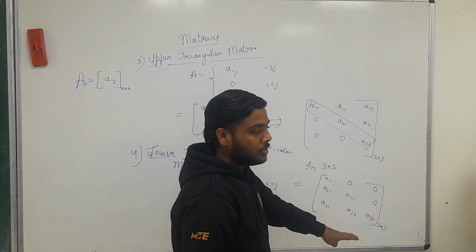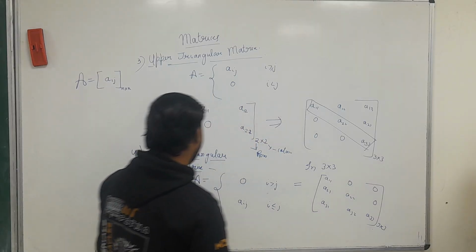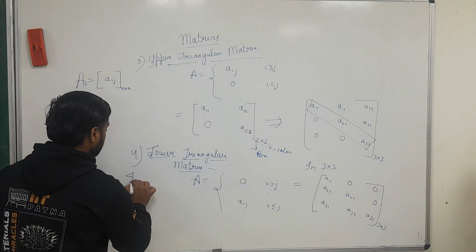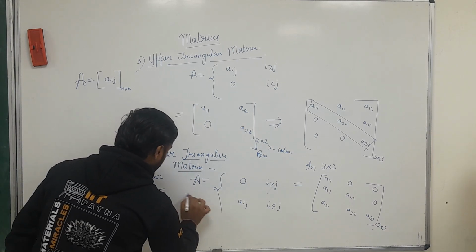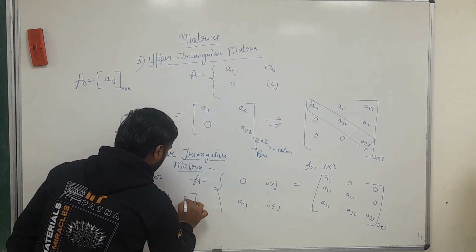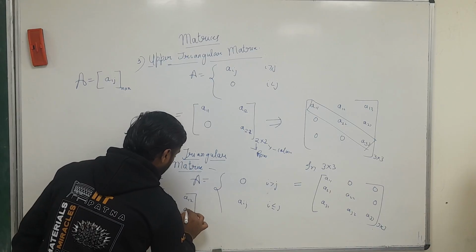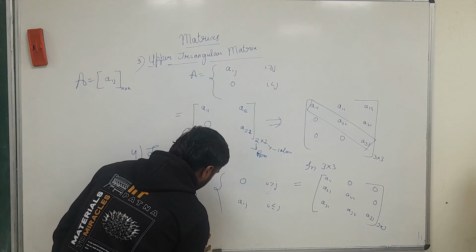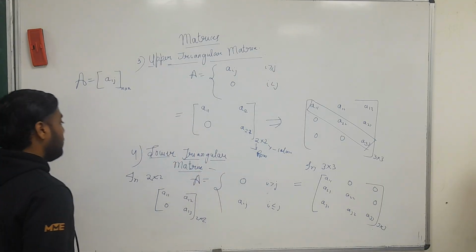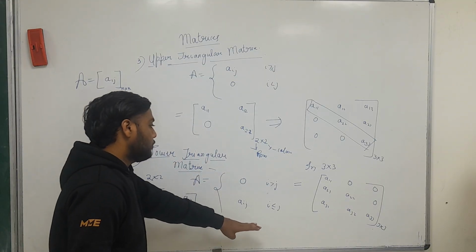So the lower triangular matrix looks like this, and in second order, a11, 0, a21, a22, 2 cross 2. Okay. The lower triangular matrix is defined like this.